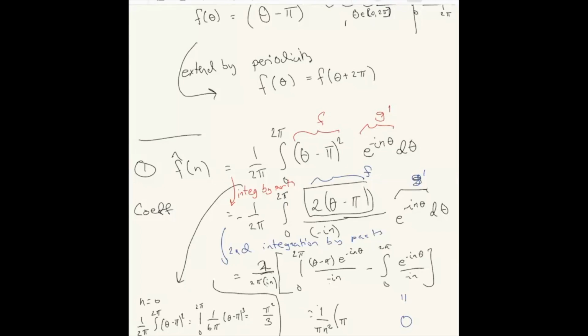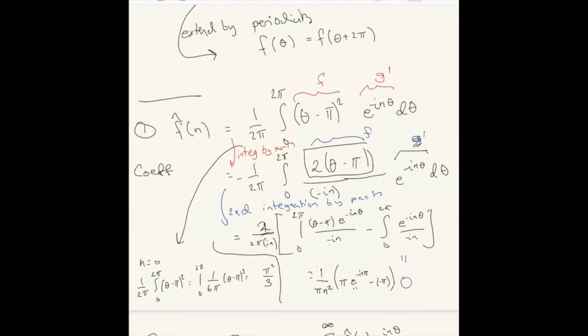So pi e to the minus i n theta will give me e to the minus i n pi, and then minus pi. And this gives me minus 1 to the n, after some thought. So this will give me 1 over pi n squared when n is even, and 0 when n is odd.